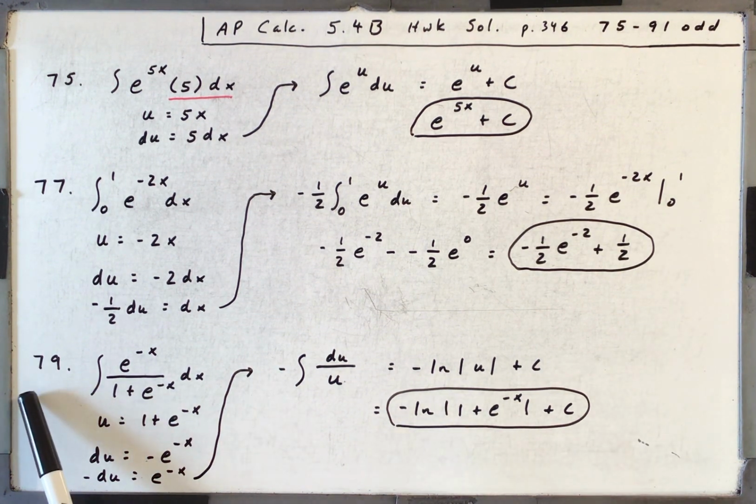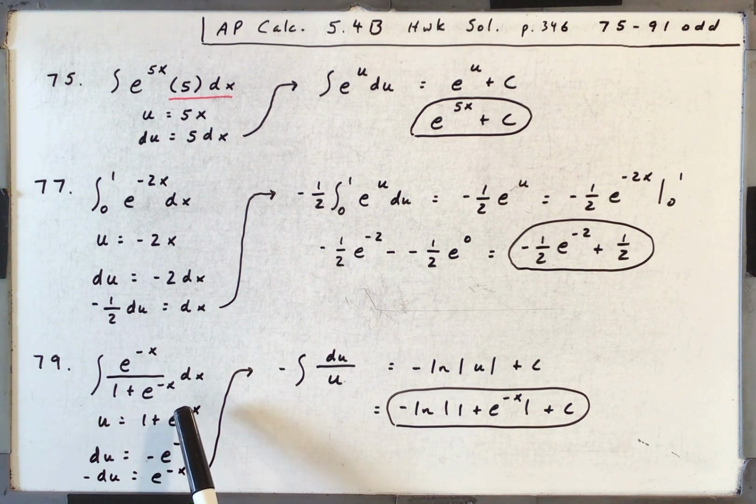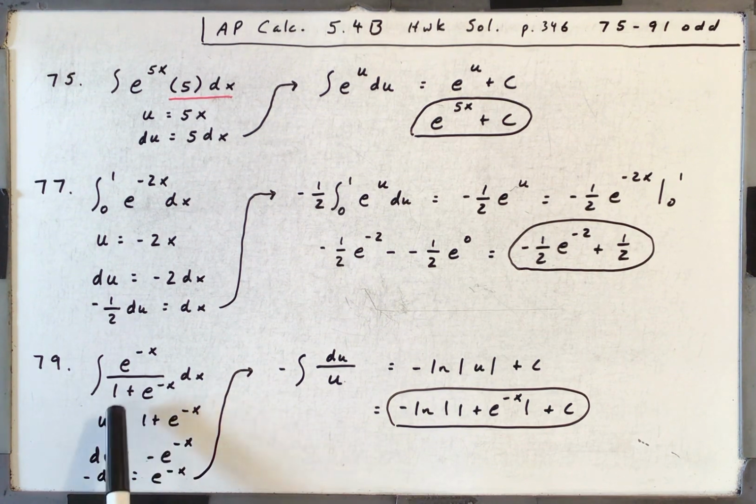All right, number 79, we have e to the minus x over 1 plus e to the minus x. Now, you want to choose the bottom to be u because we can't handle du being on bottom. So if we let u be 1 plus e to the minus x, then du is minus e to the minus x dx, right? It's e to the minus x times negative 1.